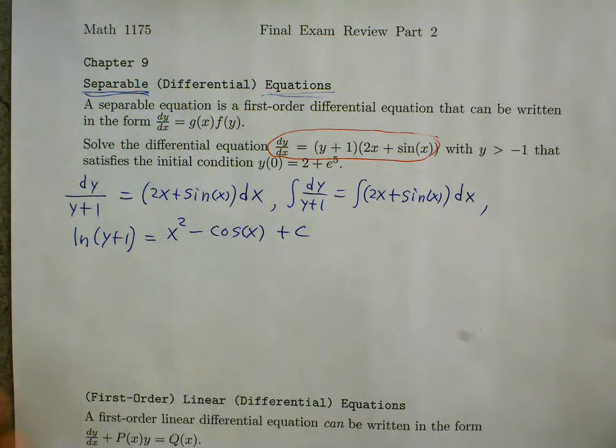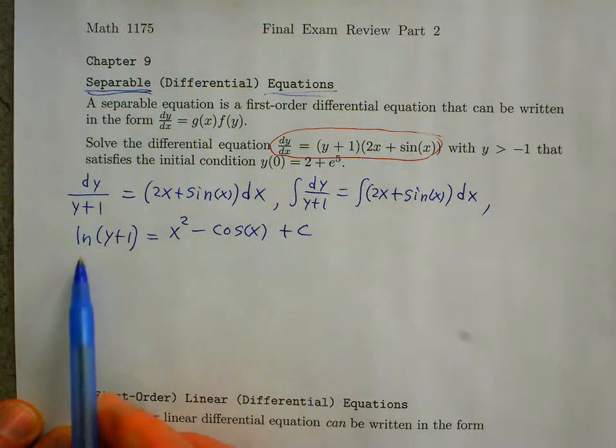So you might remember that some differential equations couldn't be solved explicitly for y. And so in some of those, we just left the equation without having an explicit equation for y. But we can solve this equation for y.